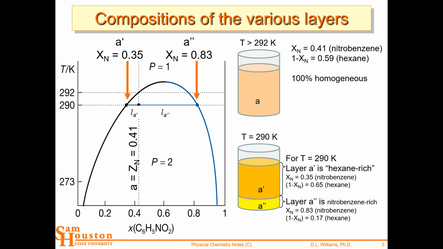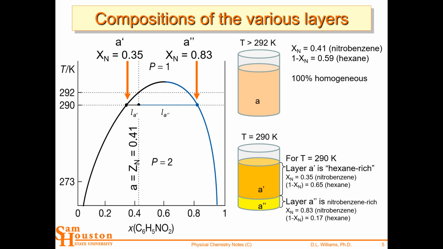Notice how I've drawn it. I've drawn a lot more A prime than A double prime. Do you see that? Why did I draw it that way? I wasn't just goofing around. You're at 290, right? You have to follow the temperature on the graph, and you can see that it's more rich in hexane than it is in nitrobenzene, because there's only about 30% nitrobenzene in the overall.